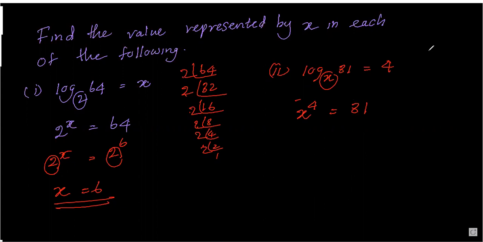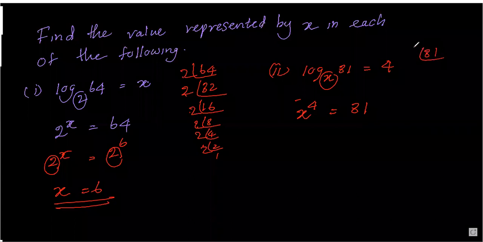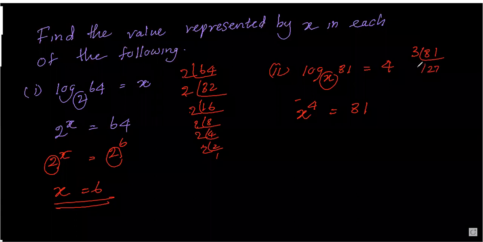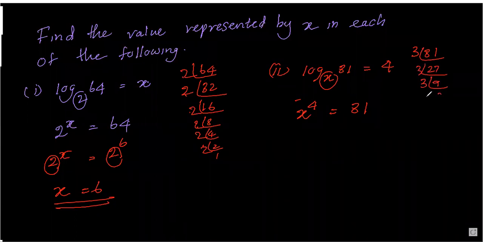To get the index of 4, 81 is divisible by 3: 81 divided by 3 is 27, 27 divided by 3 is 9, 9 divided by 3 is 3, 3 divided by 3 is 1. That's 1, 2, 3, 4. Then you can write x to the power 4 equals 3 to the power 4. You can see the indices are equal here, so you can write x equals 3.